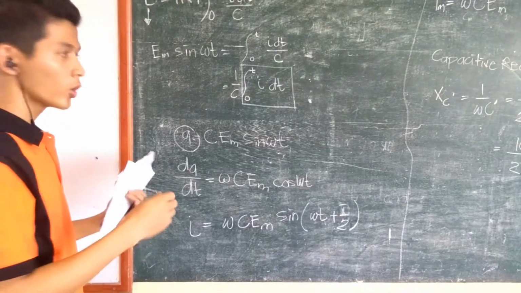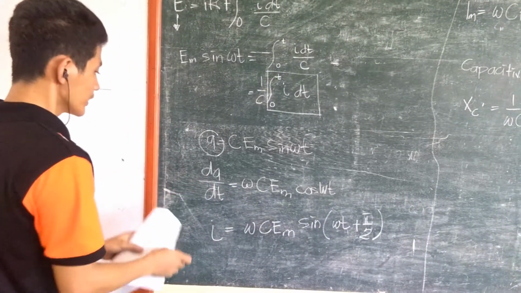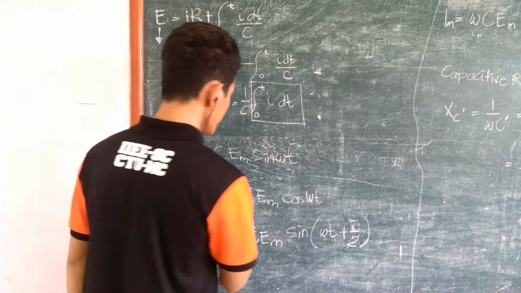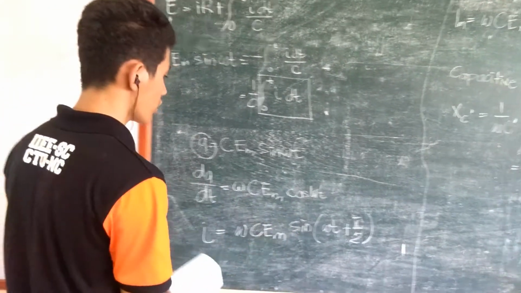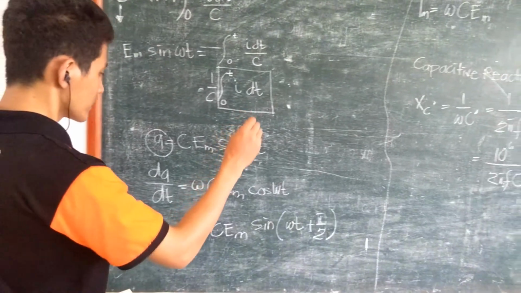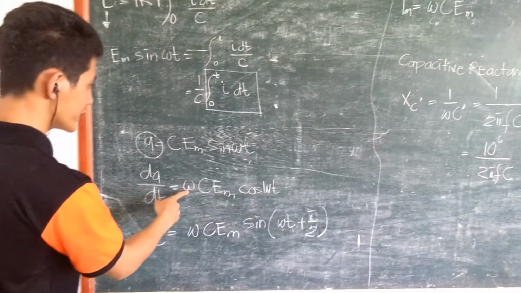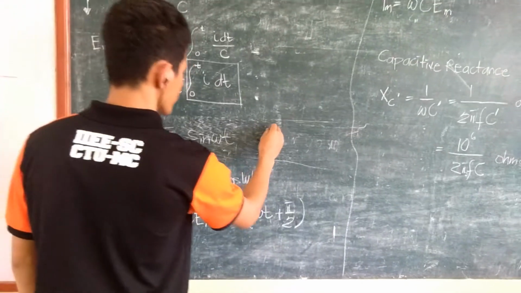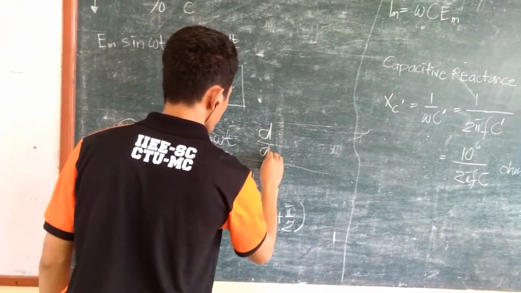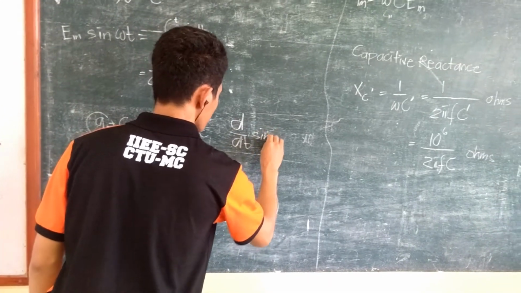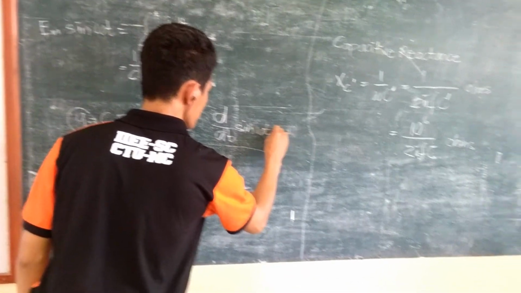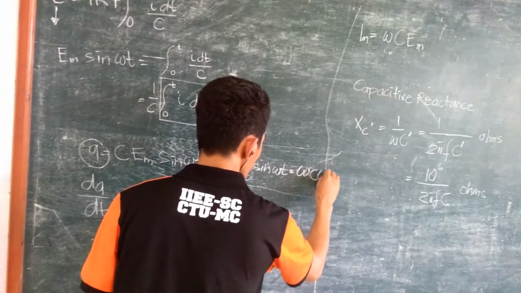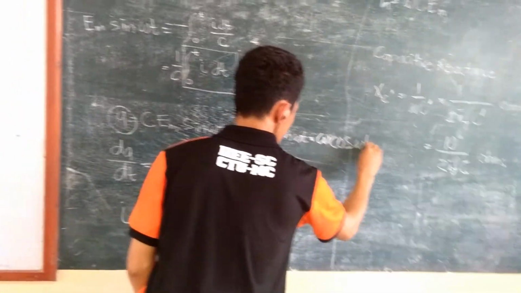Now, since the charge in a sinusoidal goes through time, dq over dt is equal to omega C E_m cosine omega t. It was already derived that the derivative of sine omega t is equal to omega cosine omega t.